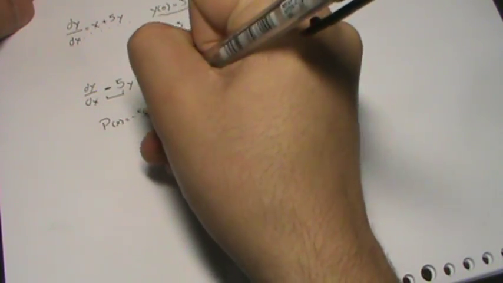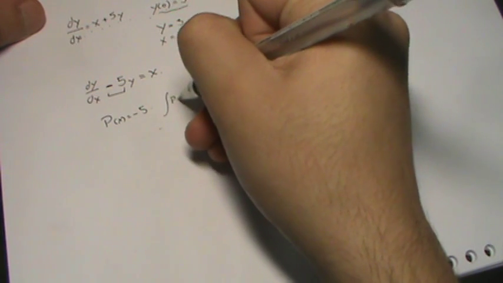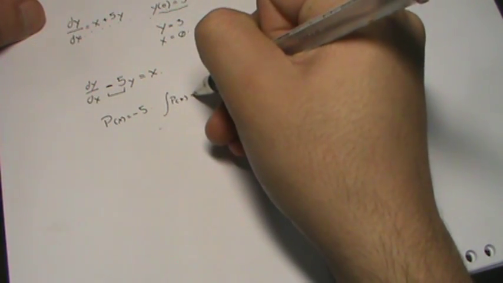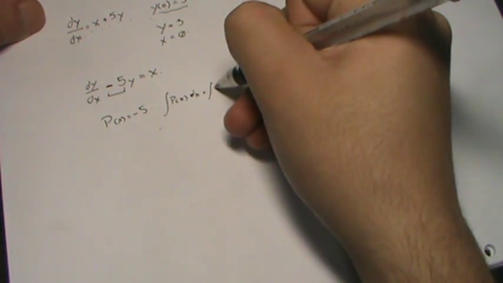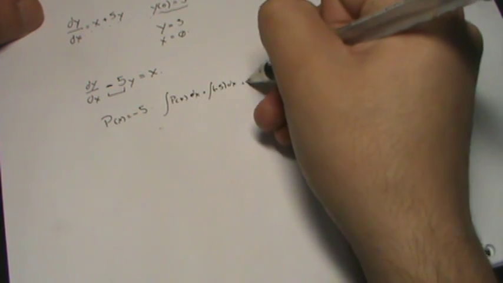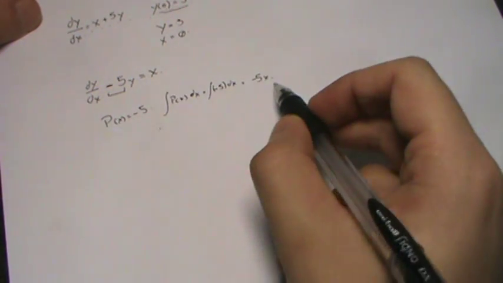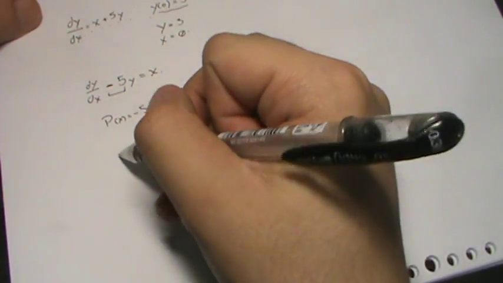So this minus 5 is our p of x, so p of x is equal to minus 5. And the integral of p of x dx is going to be the integral of minus 5 dx, which equals minus 5x. So now let's plug it in.